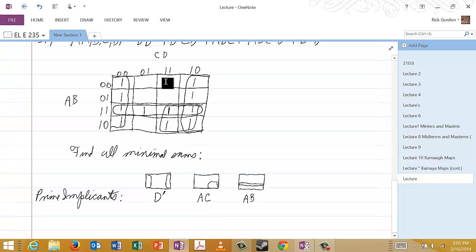It's these 2 cells up here with these 2 cells on the bottom. We have to remember that the top edge and the bottom edge of the Karnaugh map are connected to each other, and therefore these 4 1s do form a rectangular grouping of 4 1 cells.